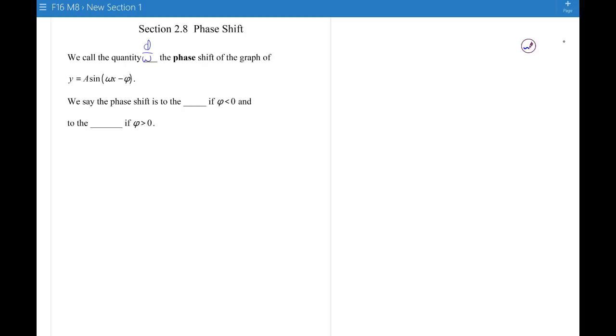And we say the phase shift is to the left if phi is a negative quantity, because that means you actually have omega x plus something. And it shifts to the right, like we just saw, if the phi is positive.